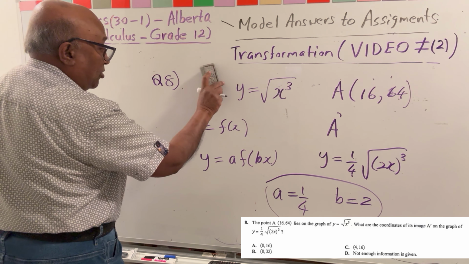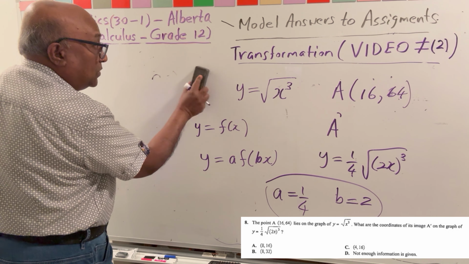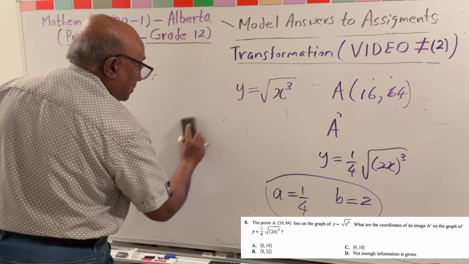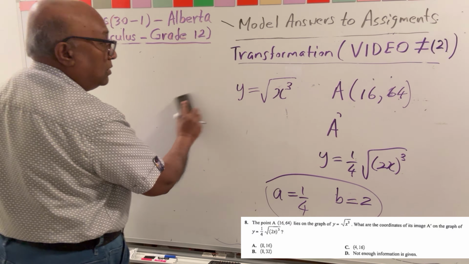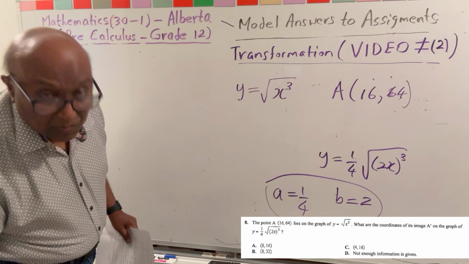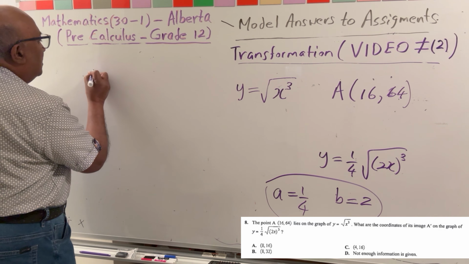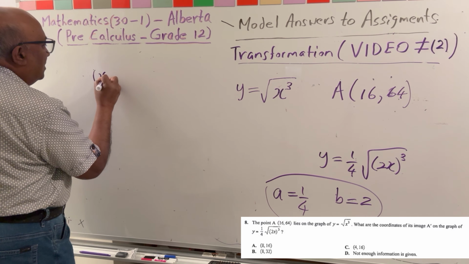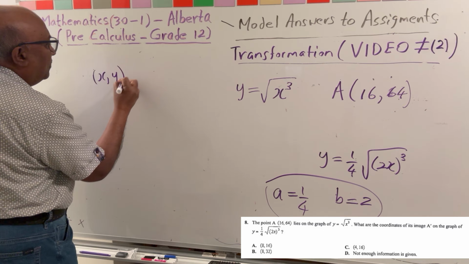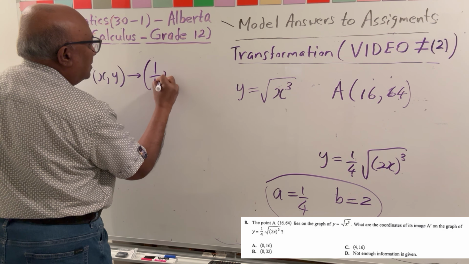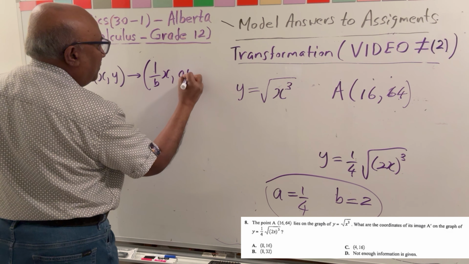For the next step, we have to understand this one. I hope everybody can see this side. Usually this is the way. The xy will become 1 upon bx and ay.